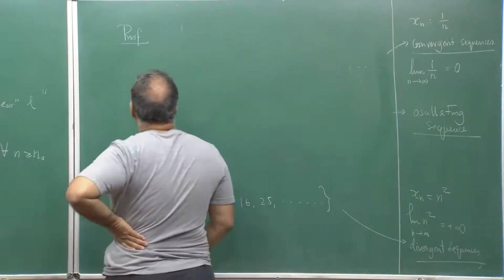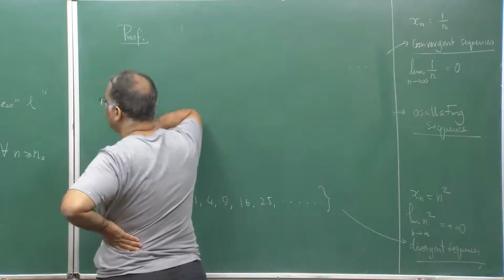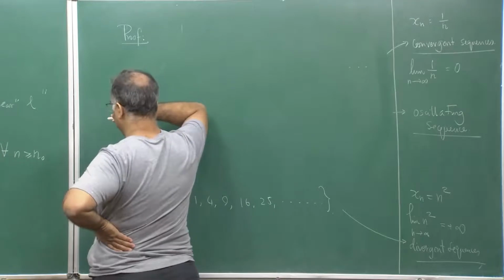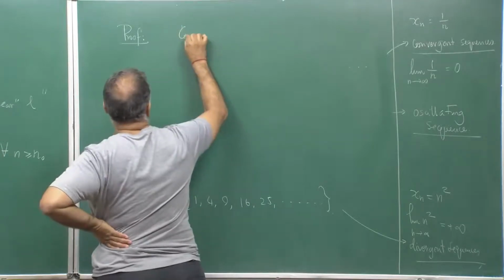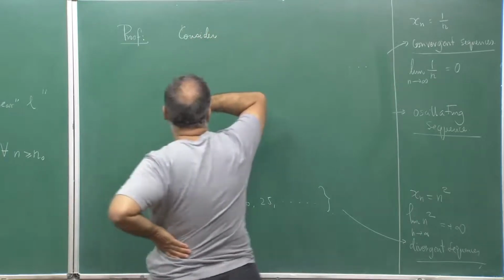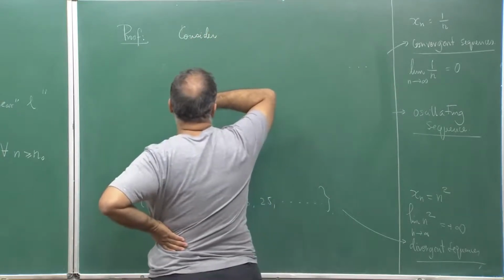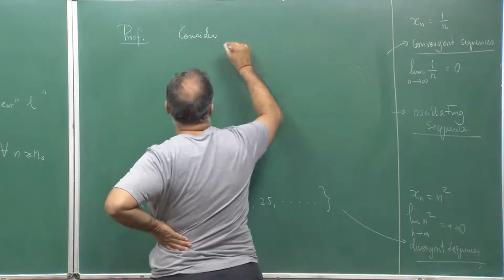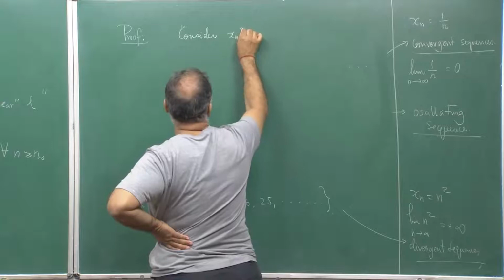Now, the proof is the following. So, xn is bounded. Now, consider xn to be convergent.